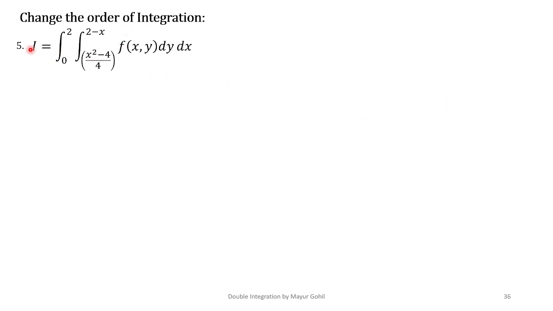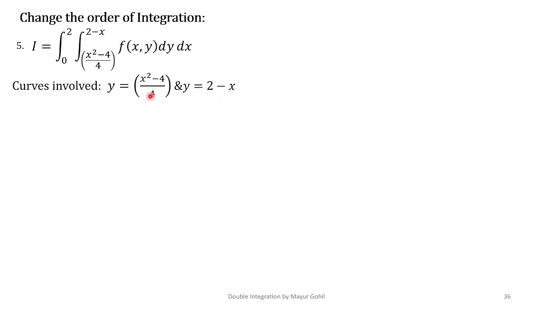Here we are given the following double integral. The question says that it is a type 1 region because dy dx is given to us as the order. Now let us see the curves that are involved. The curves are y equals (x square minus 4) upon 4 and y equals 2 minus x.